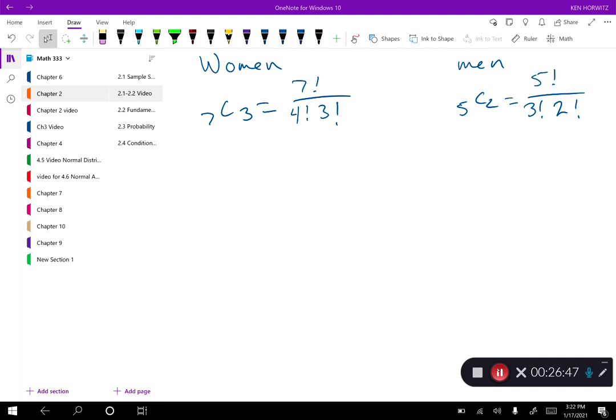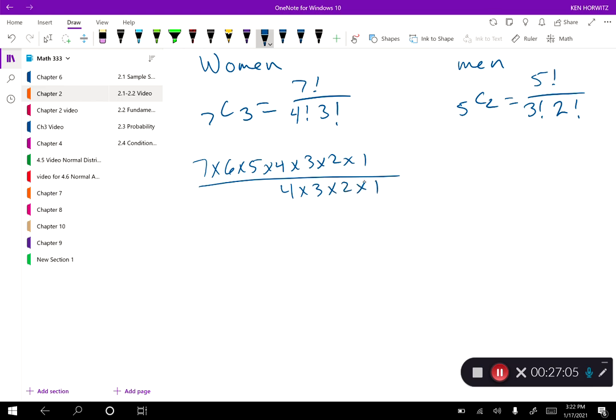All right. So it's 7 times 6 times 5 times 4 times 3 times 2 times 1 over 4 factorial, which is 4 times 3 times 2 times 1. And 3 factorial is still there. So this and that, top and bottom, they all go away.